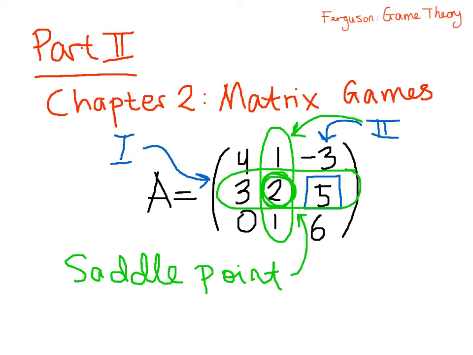Also, if player number 1 picks row number 2, he guarantees that he's going to get at least $2. Now this implies that the value of the game is equal to 2, because player number 1 can guarantee to get at least $2 and player number 2 can guarantee to lose at most $2.